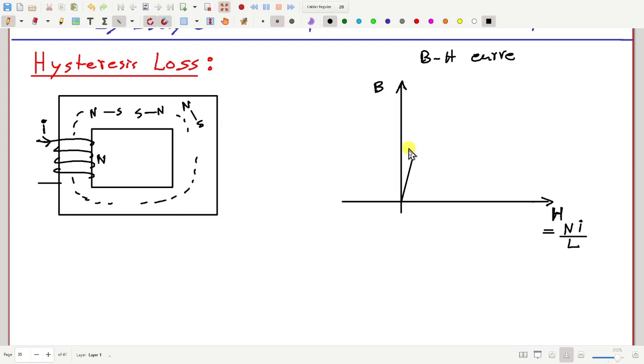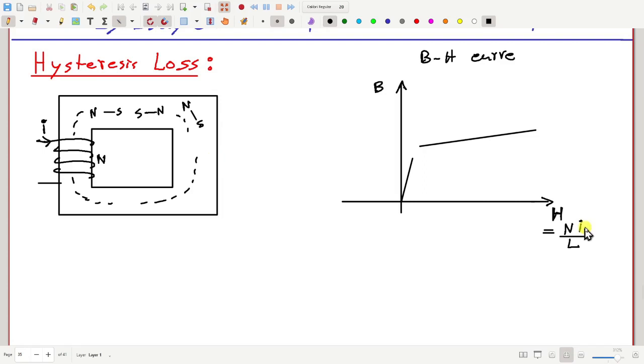But then what happens after some time? If I keep increasing this current, this will not increase at the same rate forever. Rather, after a while, this increase will almost stop. This will become almost horizontal, almost flat, because at that moment all the molecules are already aligned and there is nothing left to be aligned anymore.